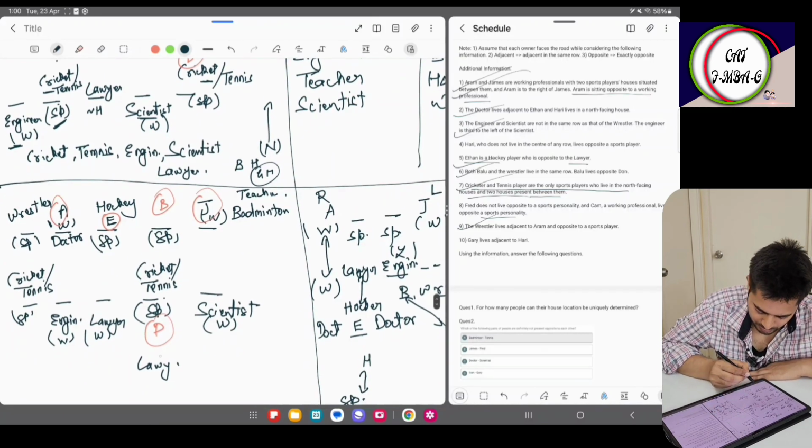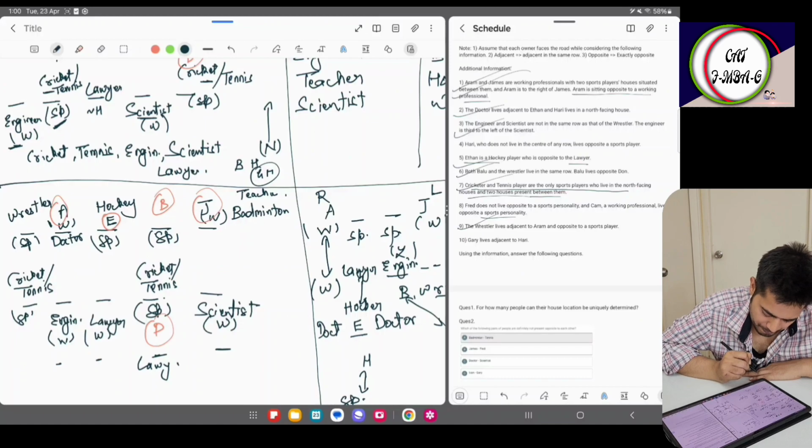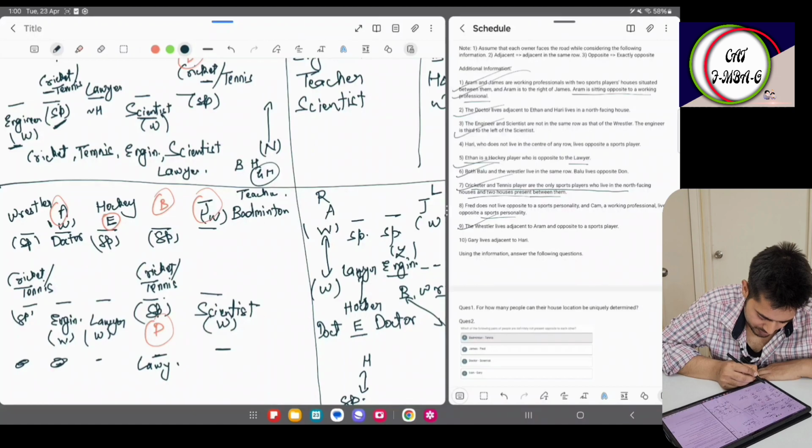Okay. So this pair is left for G and H. Can this be G? Can this be H? No, because H cannot be in the middle. Also, Harry lives opposite a sports player. Okay. So definitely these two pair has to be G and H.